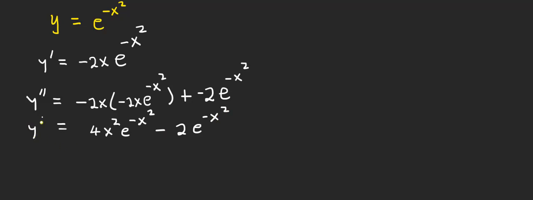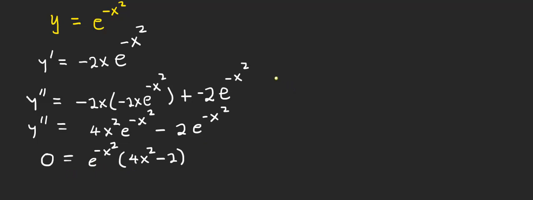That's the second derivative. You could take out the greatest common factor, which is e to the negative x squared, and you're left with 4x squared minus 2. And in order to find the inflection point, we need to set that equal to 0 or find out when this is undefined.